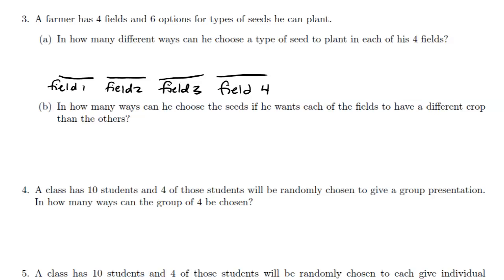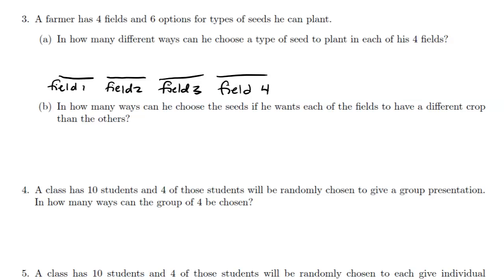So when we're thinking about it, there's really 4 different events. He has to pick 4 different crops, one for each field, which is also going to be the same in the next part. We're still also going to have 4 different events, one for each field.